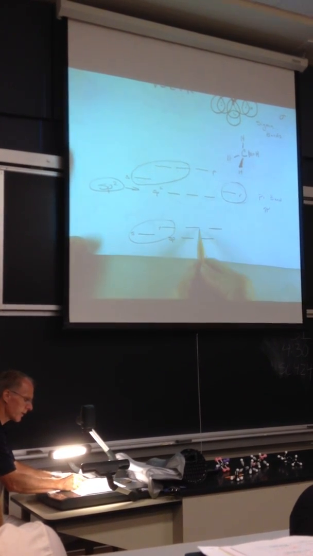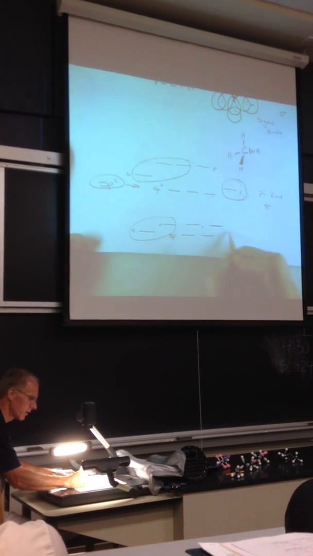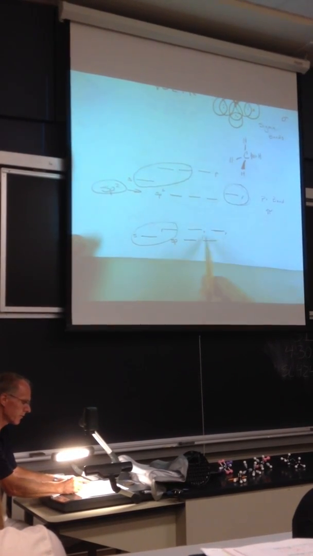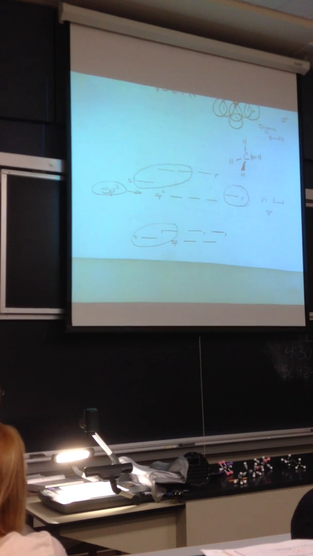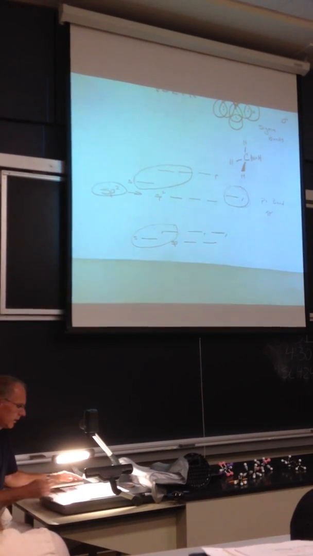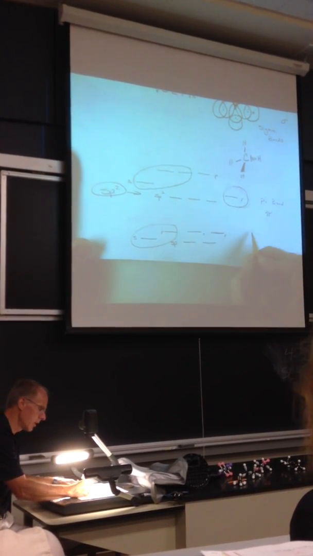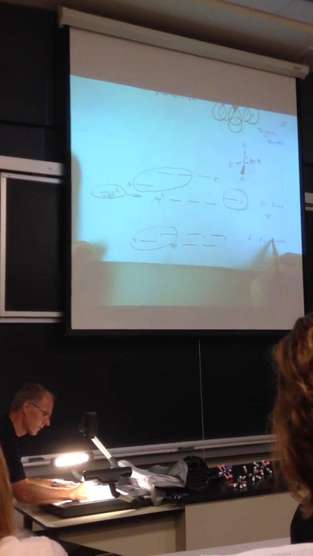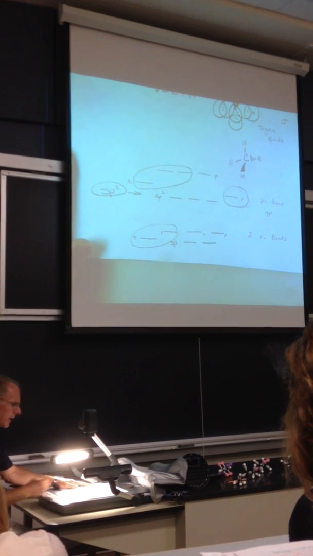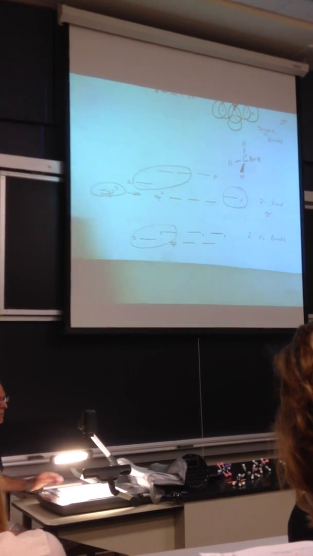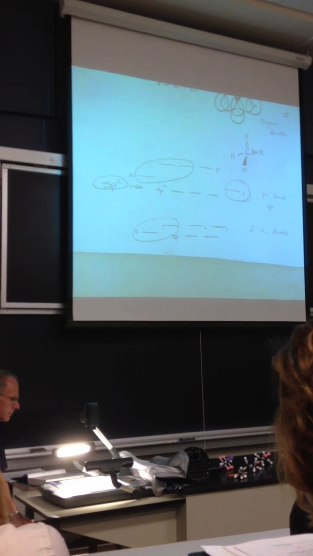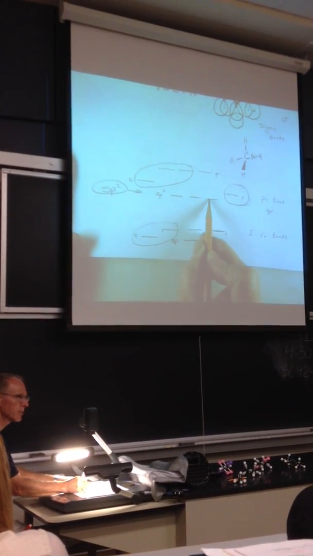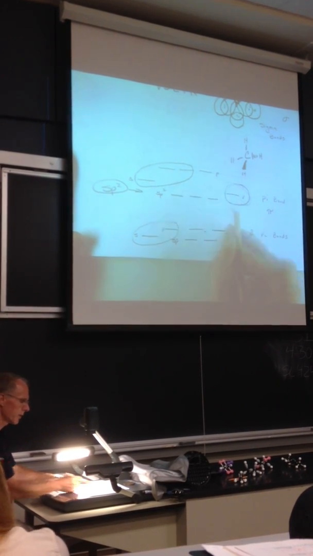So we have one of each, but what do we have left over? 2 p atomic orbitals. So how many pi bonds can be formed? For each p atomic orbital left over, you can form an additional pi bond. So this has the potential of forming 2 pi bonds. Okay? And it has the potential of forming sigma bonds as well. 2 sigma bonds, 2 pi bonds. This one can form 3 sigma bonds with 1 pi bond.